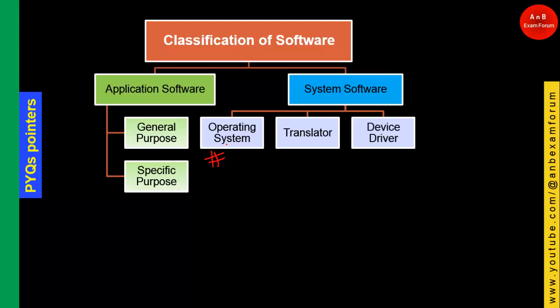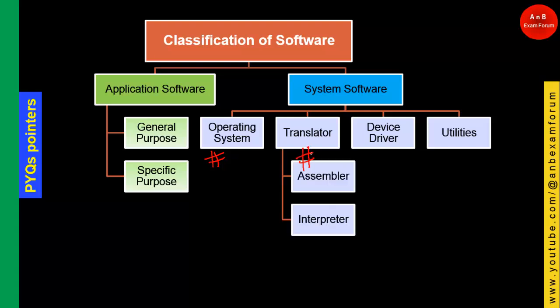Then translators, device drivers and utility. Okay, so in today's chapter we are going to see application software. In the upcoming session we are going to discuss the operating system and the language translators. There are three types of language translators: assemblers, interpreter and compiler. So in today's session we are going to look more specifically at the application software part and the basic difference between these two.